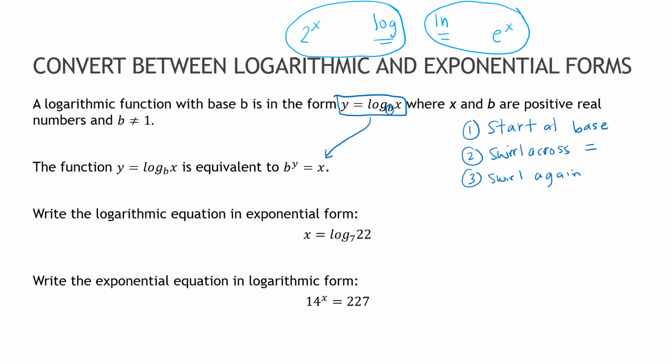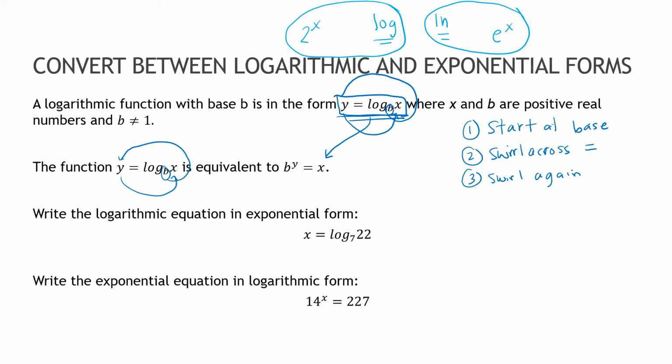So to rewrite this function as exponential, I would say b to the y equals x. That's how I swirled. b to the y equals x. So notice the log goes away because I'm rewriting it as an exponential function. I can do the same in reverse, again starting at the base, and just keeping in mind that the base is always the base.